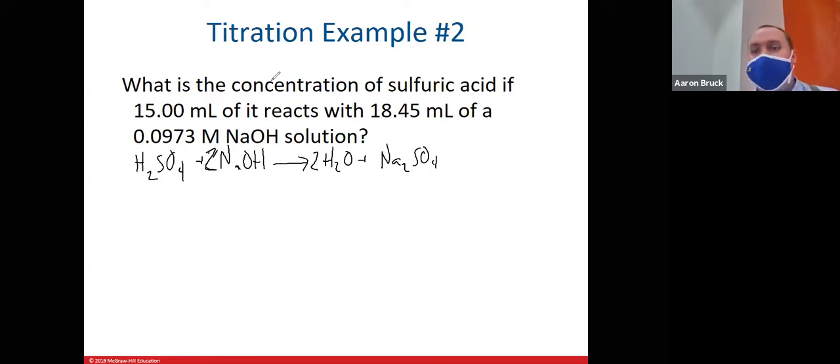Same setup as before, just kind of in the opposite direction. This time we're trying to find the concentration of the acid.